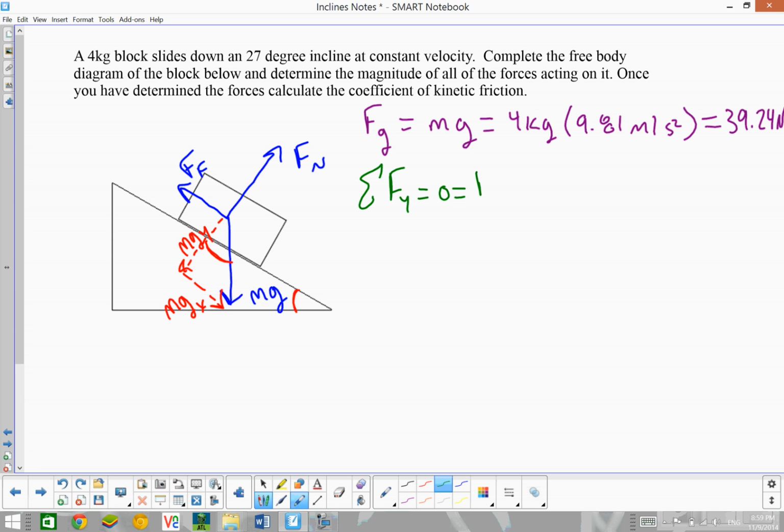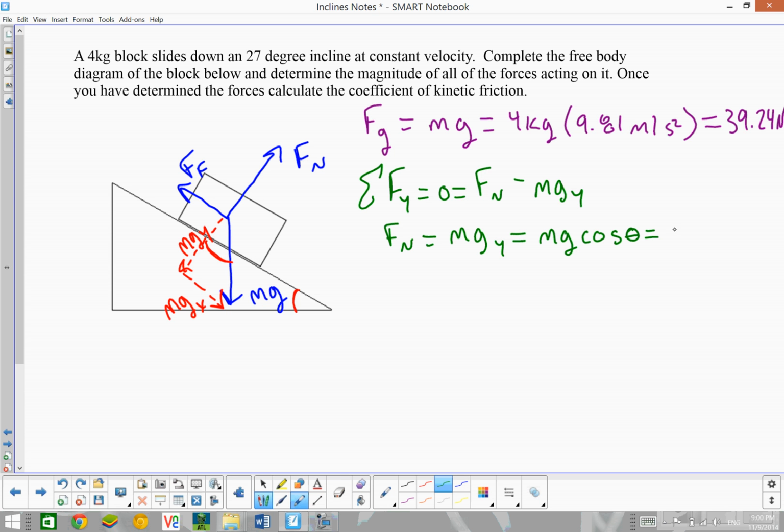Which means the force that's up the y dimension, Fn, minus the only force in this example that's down the y dimension, and that's mgy. Once again, the normal force is equal to mgy, not mg. However, mgy is still equal to mg times the cosine theta.